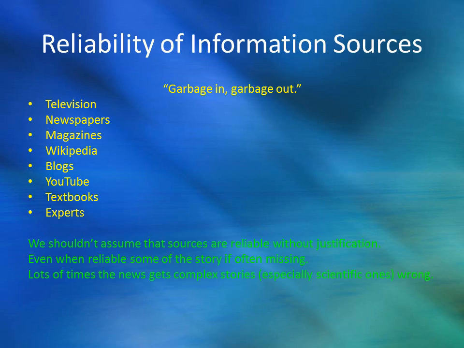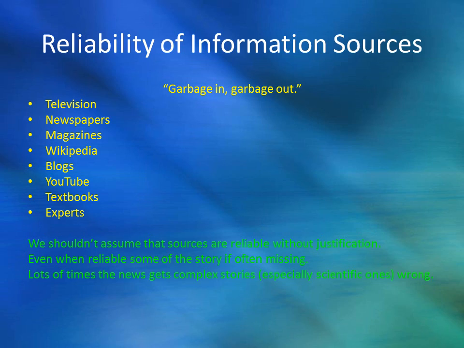Reliability of information sources. There's an old computer science saying, garbage in, garbage out. If you get bad information, your reasoning using this information is going to be bad as well. Here is a list of lots of information sources: television, newspapers, magazines, Wikipedia, blogs, YouTube, textbooks, experts, and so forth.